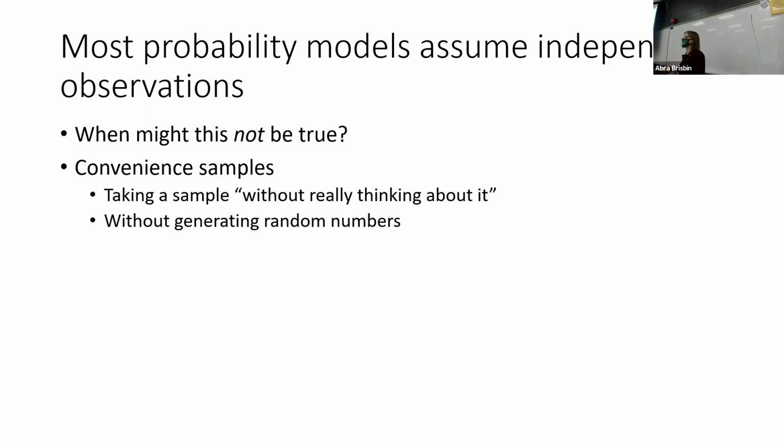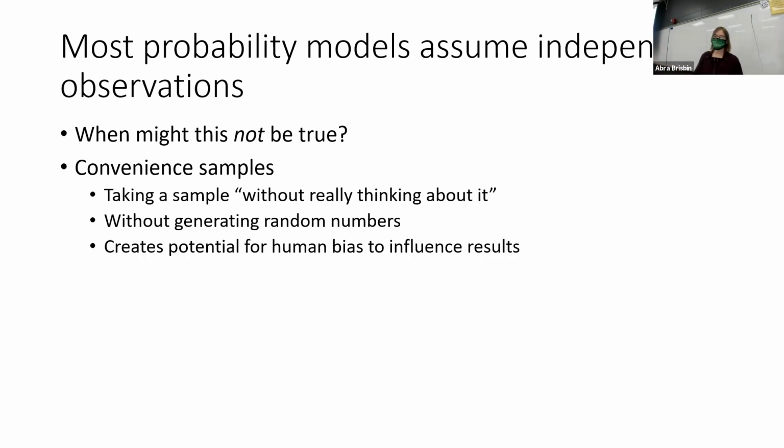So maybe you're just going to survey your friends, or walk around a street and survey people that you bump into that happen to be willing to answer your survey. A sample that's convenient for you to take might be very easy to gather, but that leaves open the possibility for human bias to influence the results.